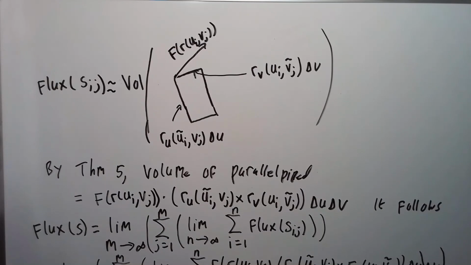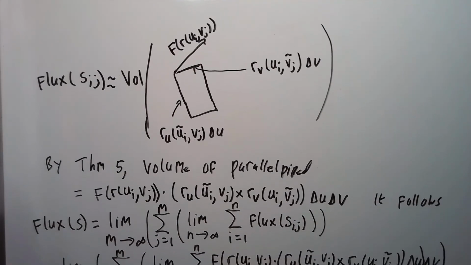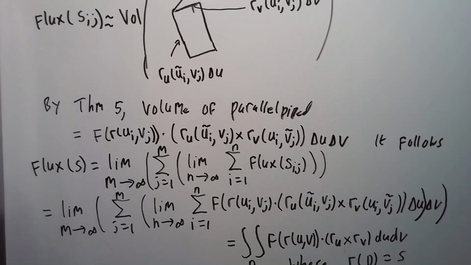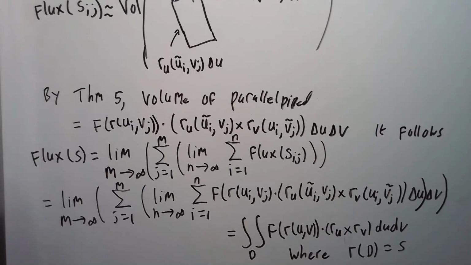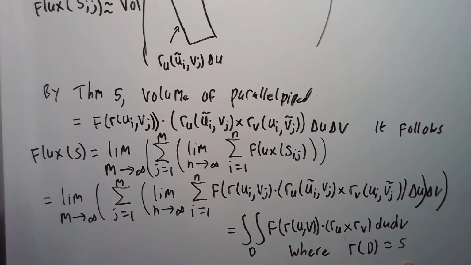This is going to be changing the two Riemann sums. The first sum will become one of the integrals, and the second sum will become a second integral, so it's going to be a double integral over D. Looking at the flux across S, taking this limit, will change into two integrals over D, where R of D is S. So this is a way we can find the flux.